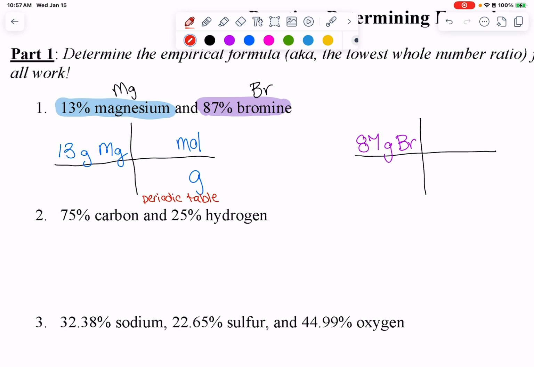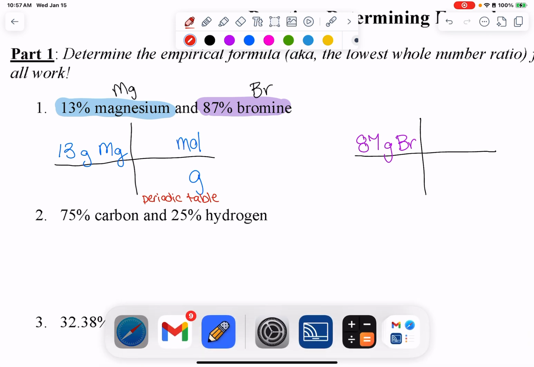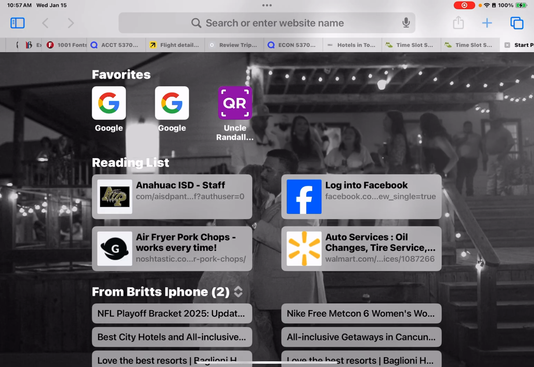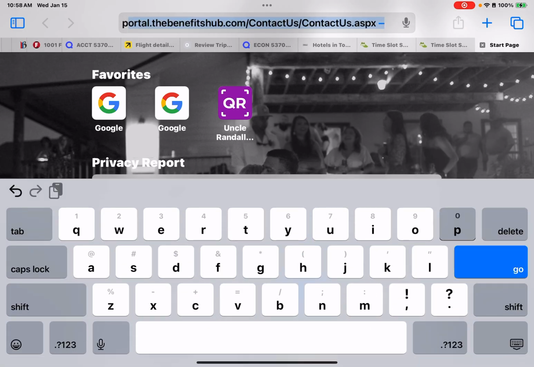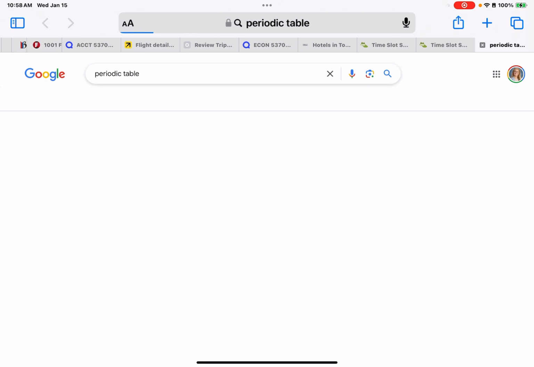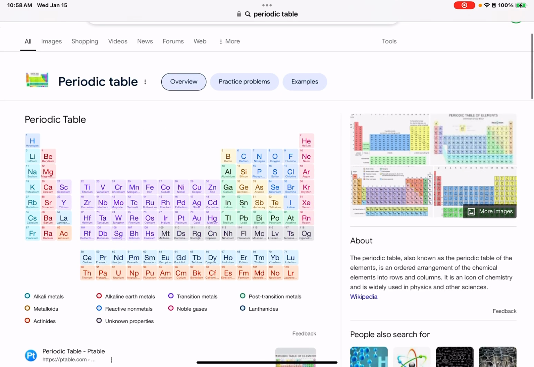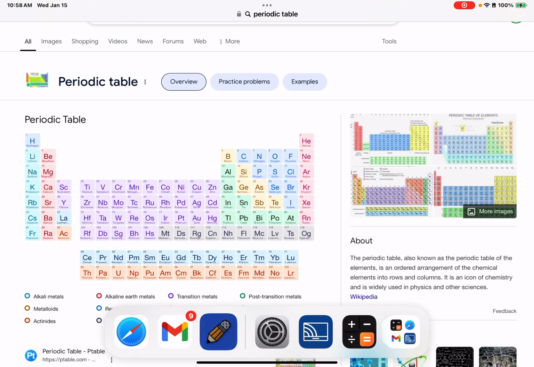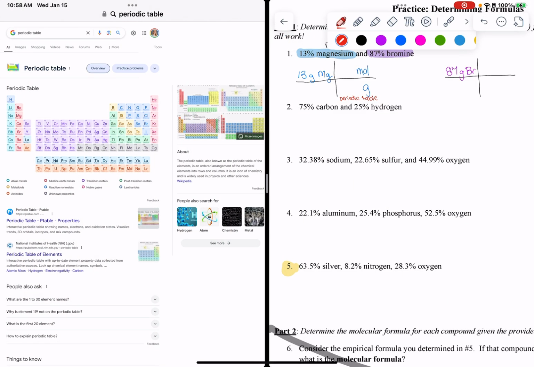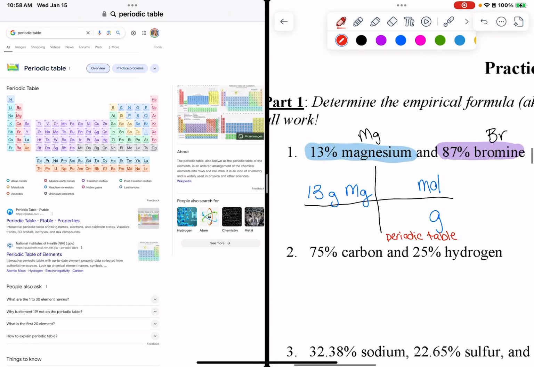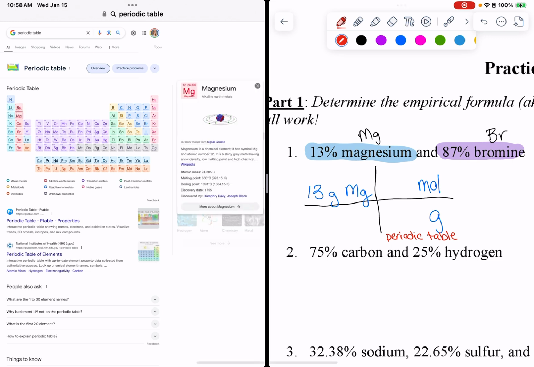So if you were to look at your periodic table, let me just Google one real quick. So ignore any tabs that I have open. I need to find magnesium and bromine. So magnesium has a weight of 24.305.